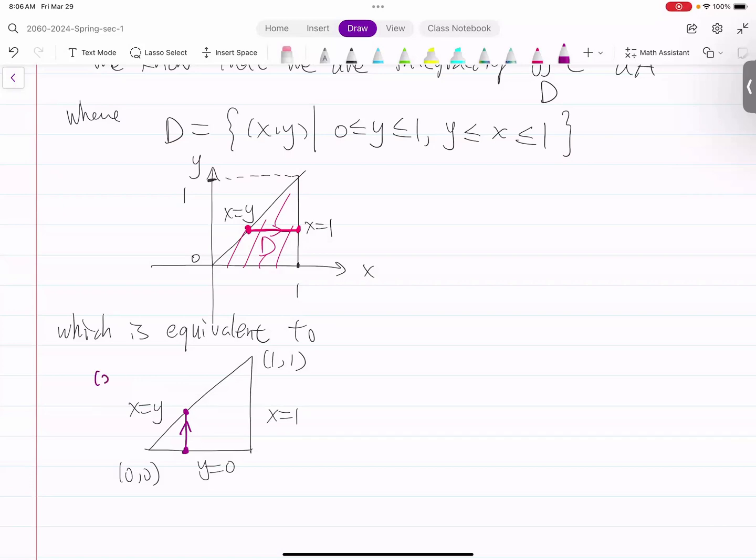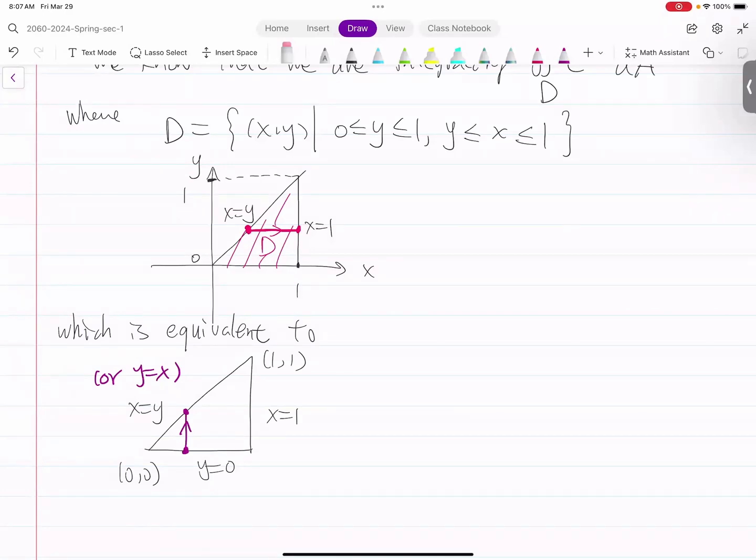So y equals x. Okay, so here we see at the bottom y equals 0. On the top of this line segment y equals x, and that gives the bounds in terms of y, right?